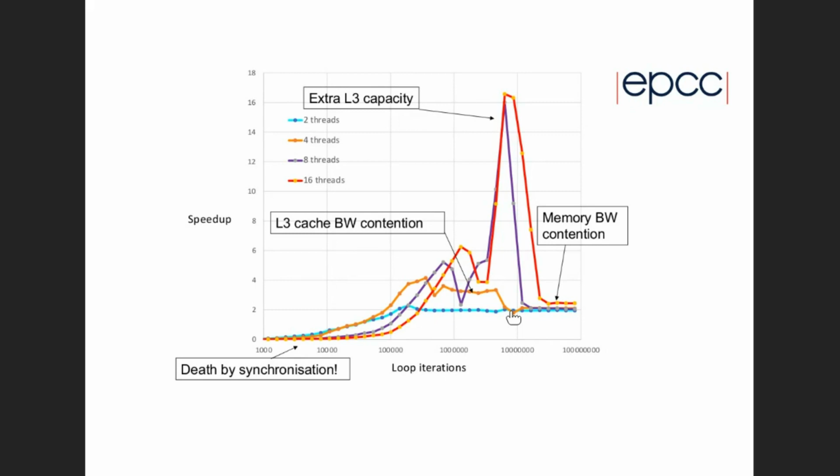If I split the same computation across 8 threads, I get to use 2 L3 caches, and if half the data fits in each of those L3 caches, then all my accesses are coming from L3, which is much faster than main memory. So you can get these superlinear speed up effects: by increasing the number of threads, you're increasing the amount of cache memory that's available.